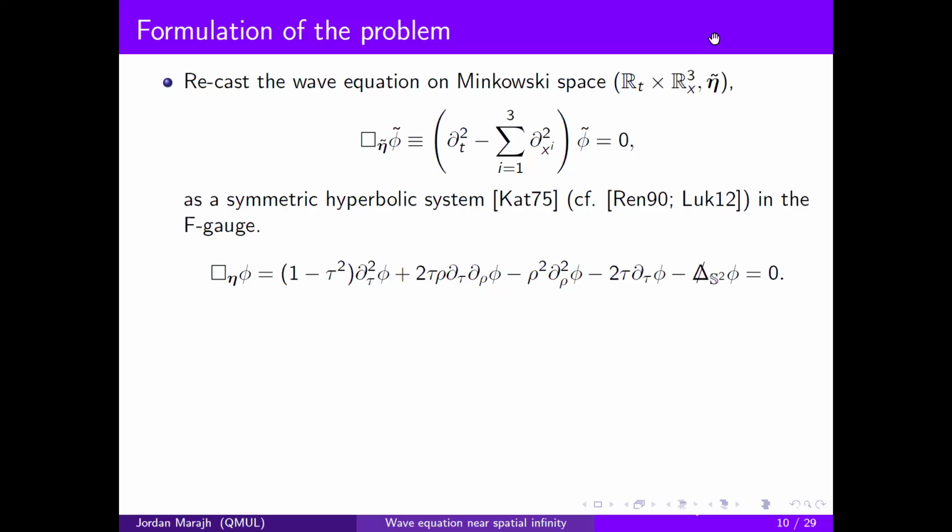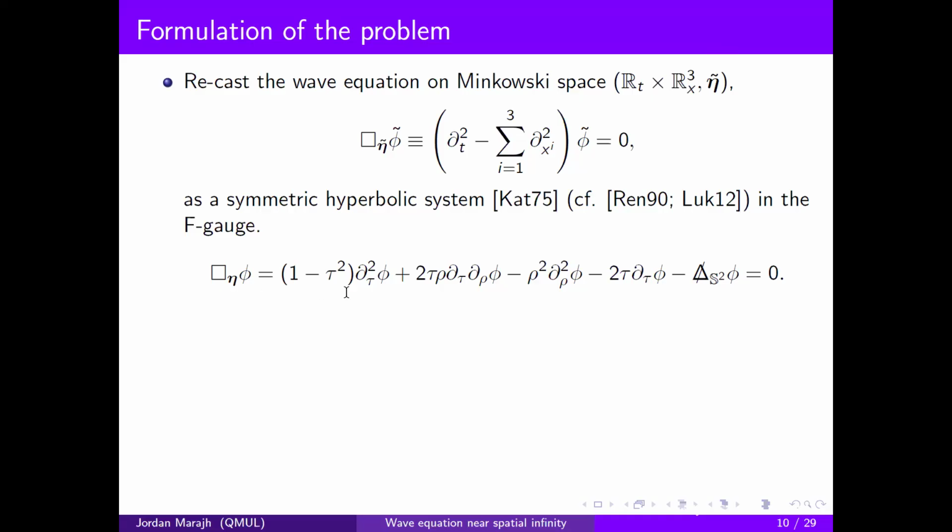Okay, so what does the wave equation look like in the F gauge? So now dropping the tildes, so we rescaled phi, it looks something like this. So you can see the degeneracies that we were talking about at spatial infinity are a little bit more precise.